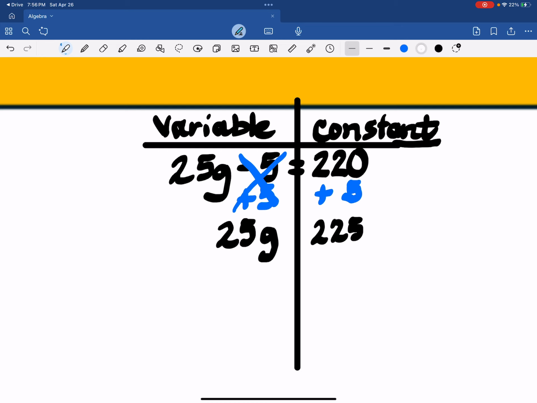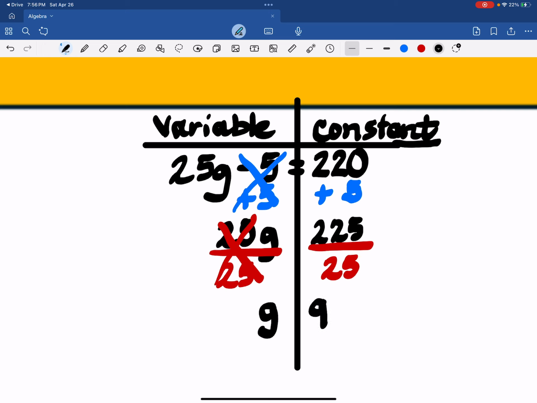Now, which term is on the wrong team? There's one of them. It's the 25. So let's divide it away. And if I do it on that side, I have to do it on this side. Cancel. And so I'm left with g equals 225 divided by 25.